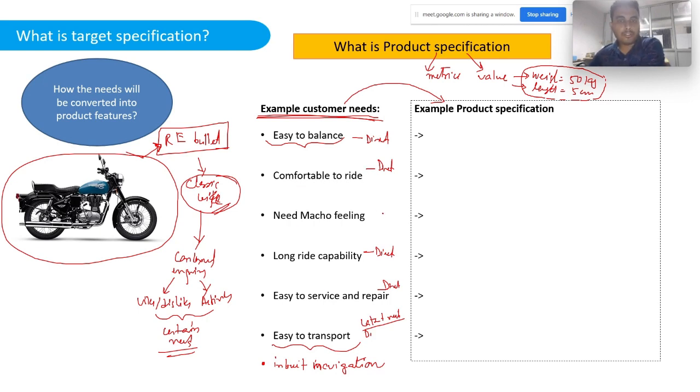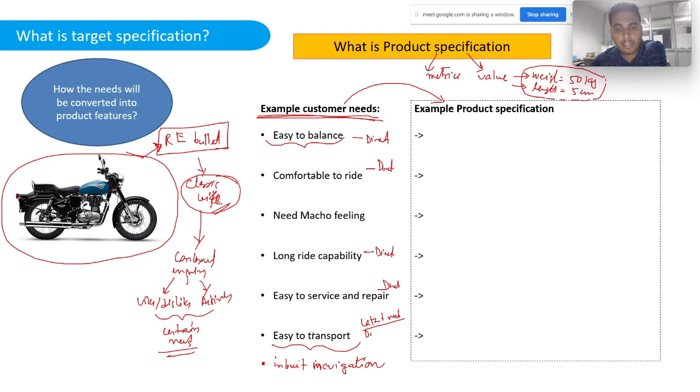Basically, a need can be both a latent need and a direct need, depending on who is telling you. For example, easy to transport can be for the customer himself, who may want to transport the bike from one location to another. Probably the customer often does long trips like Leh Ladakh, so he needs to easily transport the bike by railway and collect it at the other end.